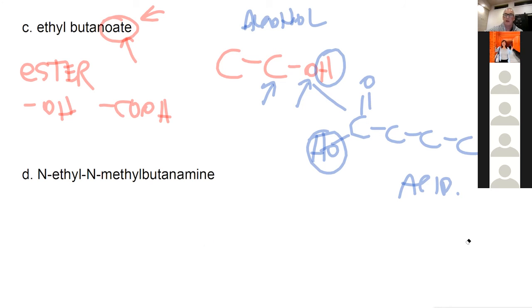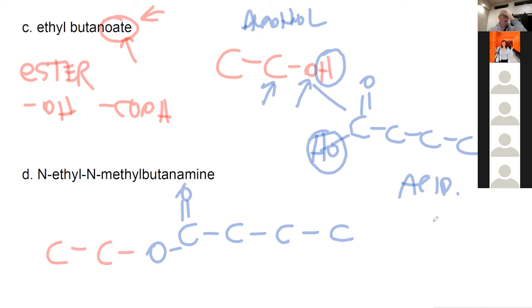So then I would have carbon, carbon, carbon, carbon, double bond, O, and then C. So this would be the alcohol part, and this would be the acid part.